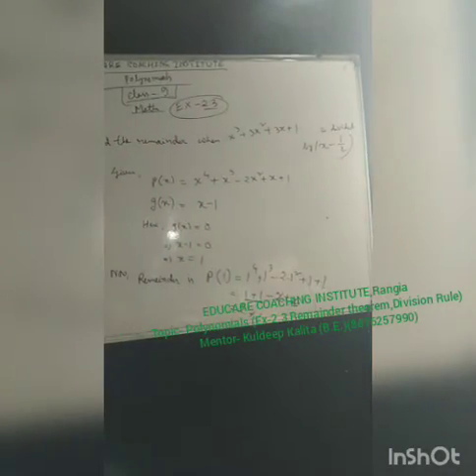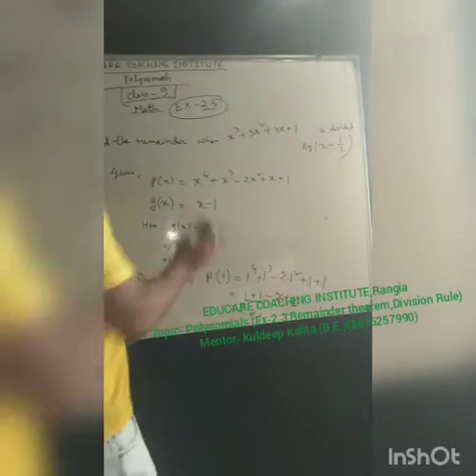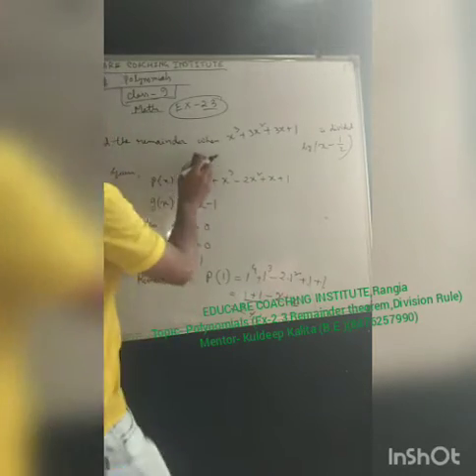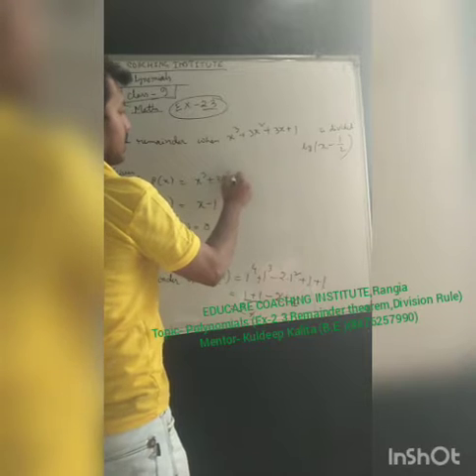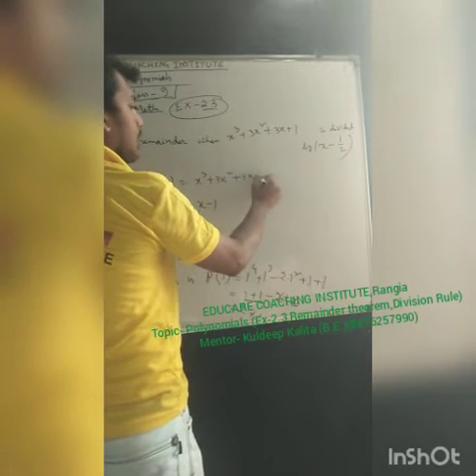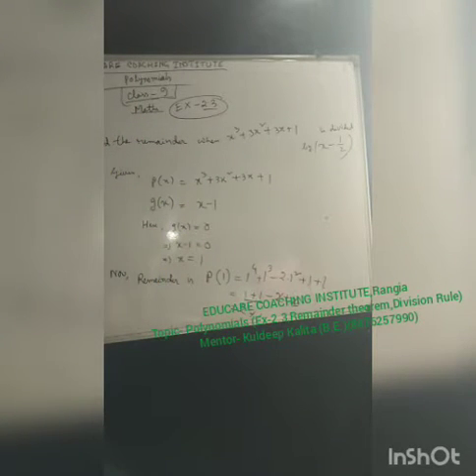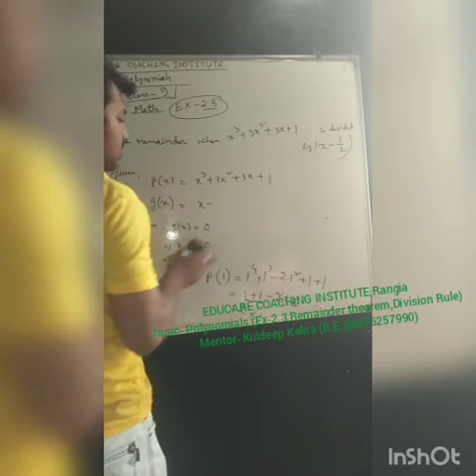So how will we do it? Write P(x) equal to x cube plus 3x square plus 3x plus 1, because g(x) is x minus half.